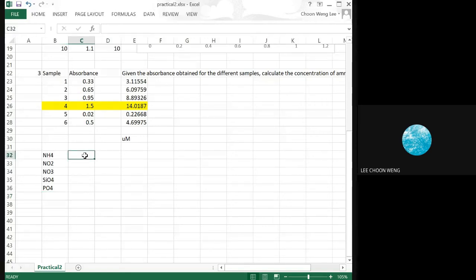For ammonium, it is present in the air. It is not stable.